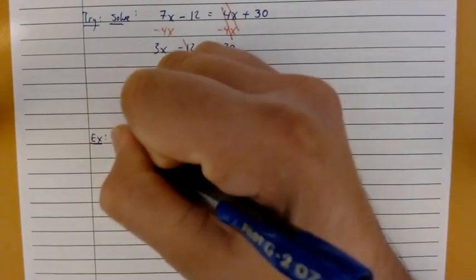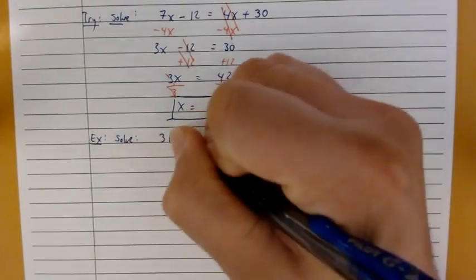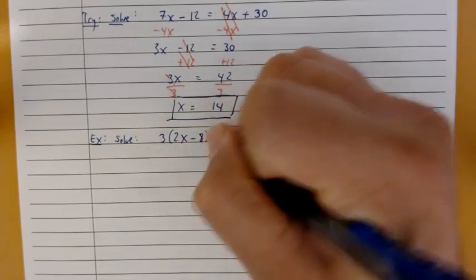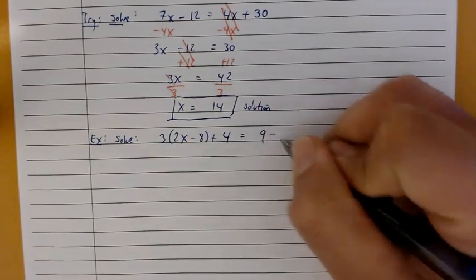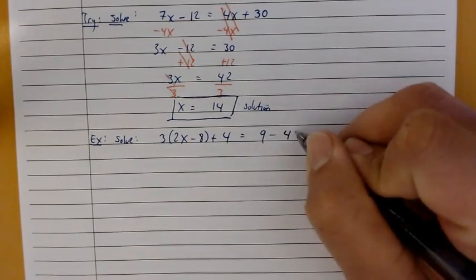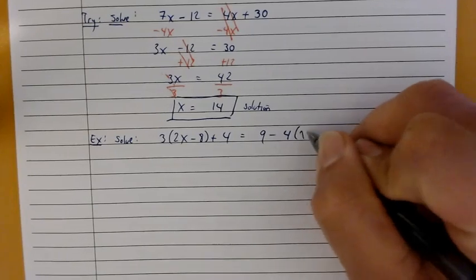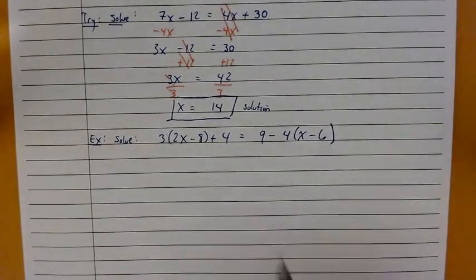So, for our next example, let's solve the equation 3 times 2x minus 8 plus 4 is equal to 9 minus, let's say, 4 times x minus 6.